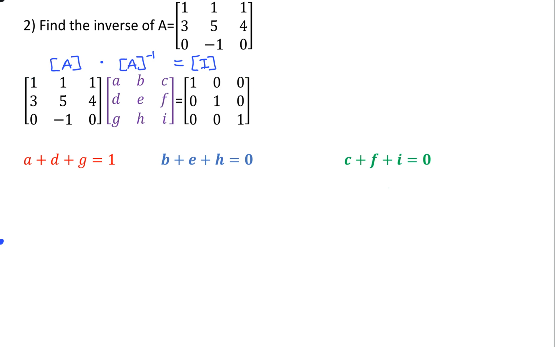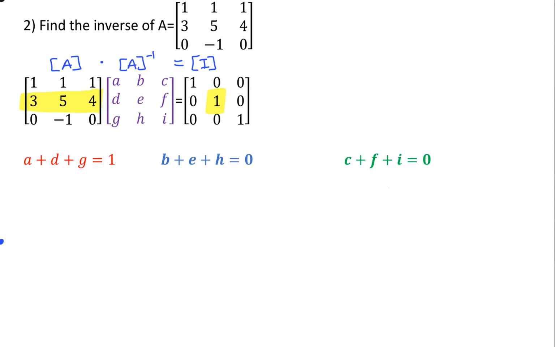And we're going to go ahead and continue that with row 2. So now we do row 2 with column 1, which is going to equal this row 2, column 1 location. So multiply that. Then multiply row 2 times column 2, which is going to equal the 1 location.